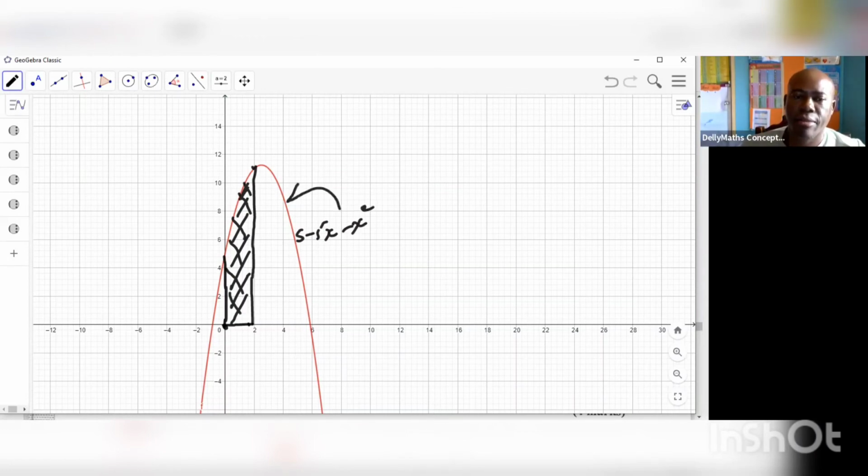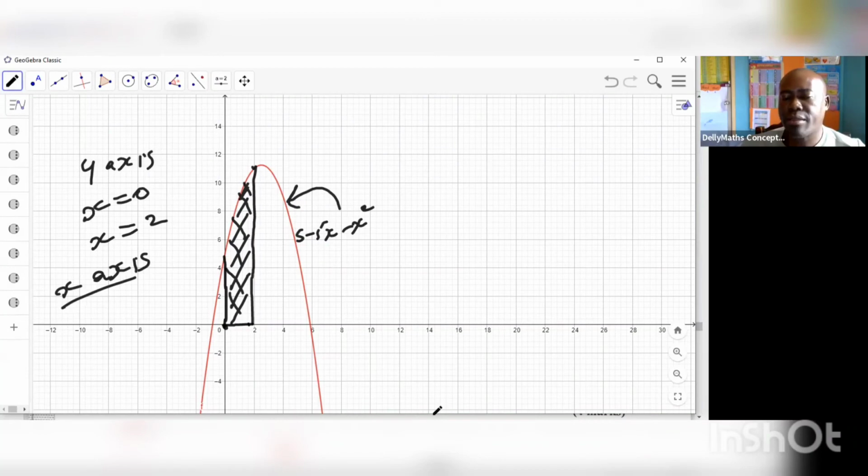Where did the 0 come from? Remember, the y-axis is the same thing as x is equal to 0. And they did give us x is equal to 2, and they did say the x-axis. So we are seeing all of those things coming out here.